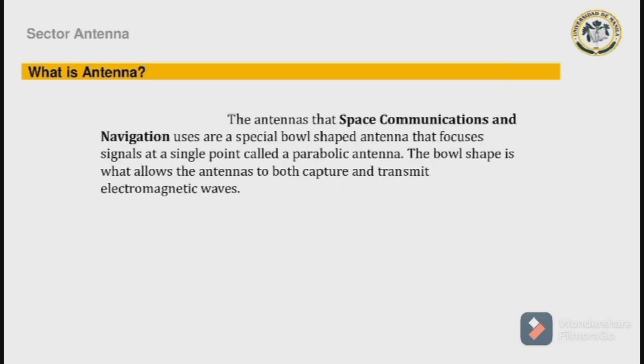The antennas that space communication and navigation uses are special bowl-shaped antennas that focus signal at a single point, called a parabolic antenna. The bowl shape is what allows the signal to both capture and transmit electromagnetic waves.